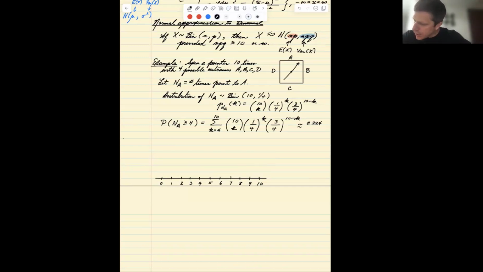The probability histogram is a histogram where we draw a box around each possible value of n sub A. It's going to go from halfway to the left to halfway to the right, and the height is going to be the probability mass.